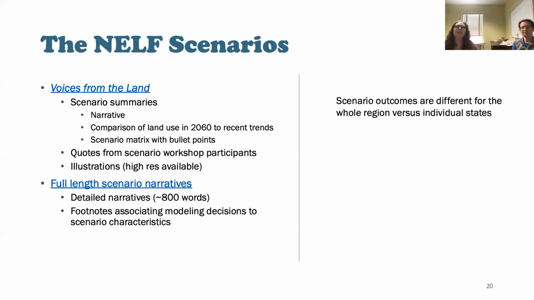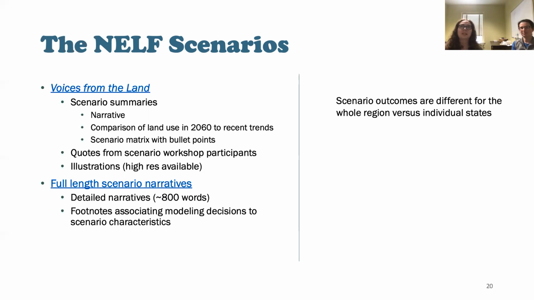But one thing to remember as you're familiarizing yourself with the scenarios is that there are different scales. You're probably not going to do a project for all of New England. You're probably going to do a project about your area, and the outcome for your area might be different from the whole region.